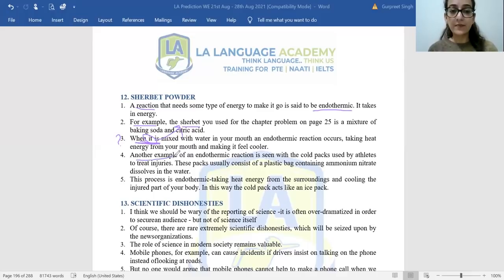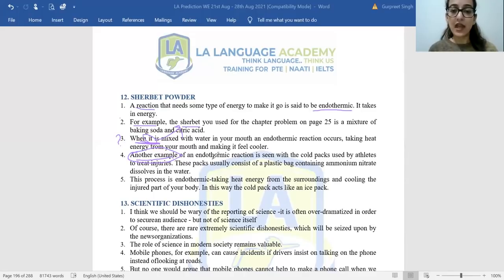Another example of an endothermic reaction. So another example is enough hint to say that first one example will come and then next example will come. Is seen with the cold packs used by athletes to treat injuries. These packs usually consist of a plastic bag containing ammonium nitrate dissolved in water.